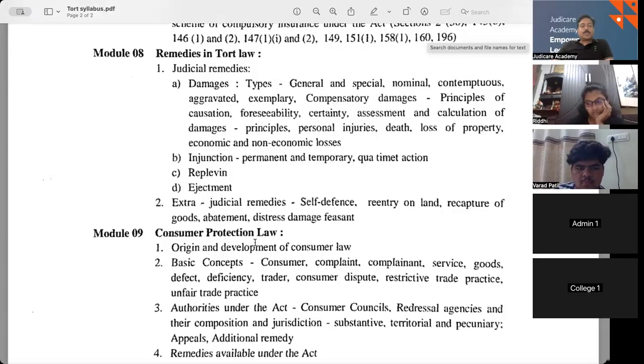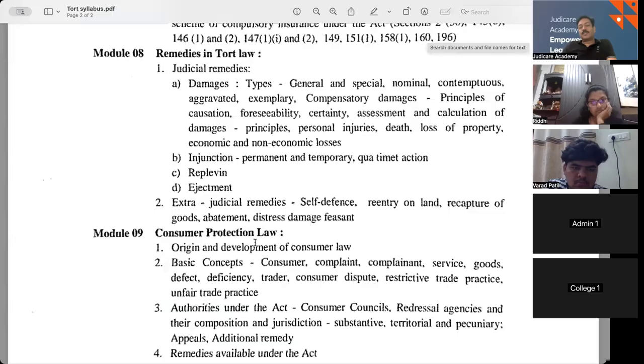So these are the extrajudicial remedies which we have already studied multiple times. For example, let's take distress damage feasant, where a landowner seizes and detains another's property, cattle or other chattels that are wrongfully on their land and causing damage.